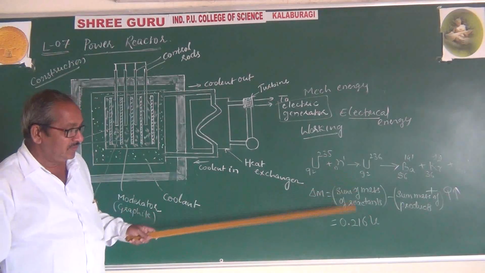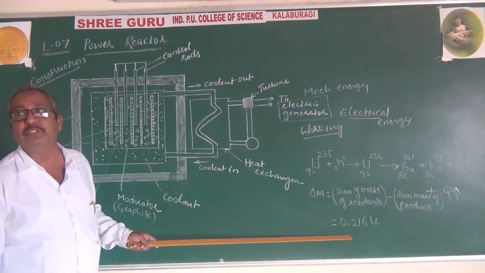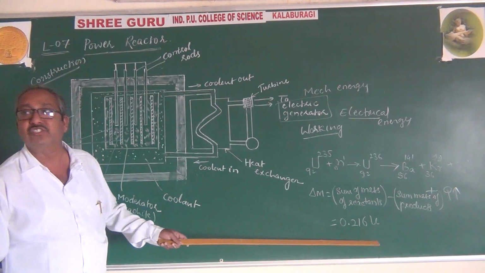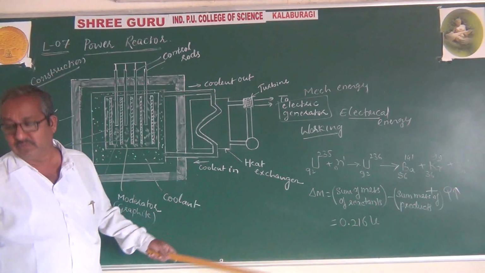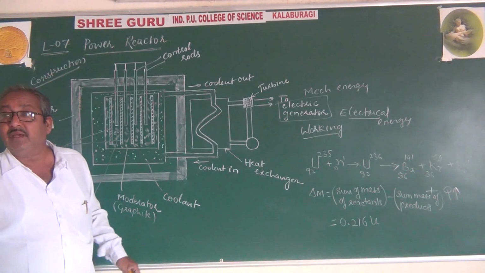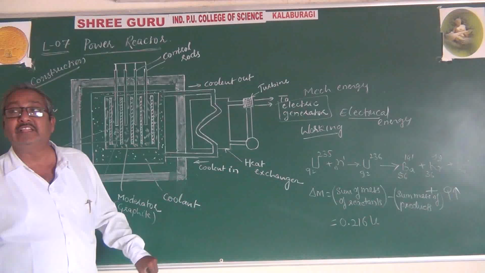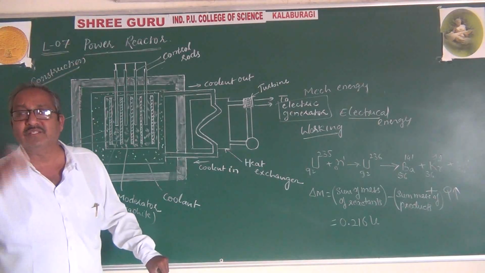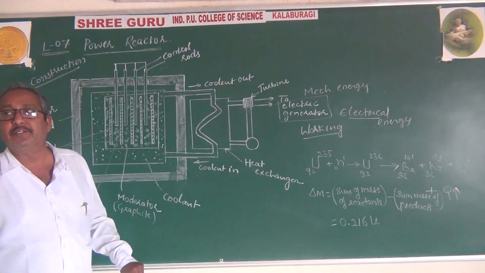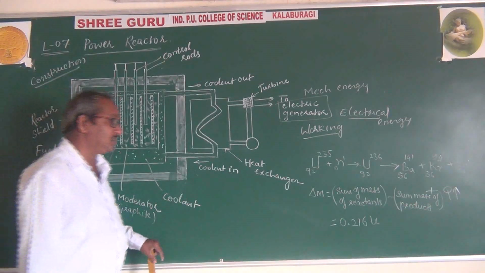During this process the mass defect will be positive, 0.216 U on the atomic mass unit. And the energy released per one atomic mass unit, which is 931 mega electron volt, was already calculated. Energy equivalent to one atomic mass unit is 931.